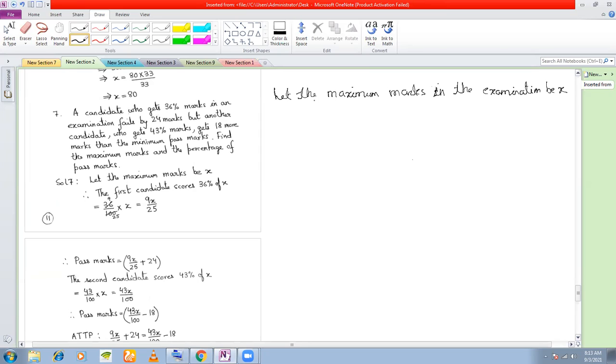Okay. So now if you see in the first condition, it states that the candidate gets 36% marks in the examination. So the first candidate scores 36% of the maximum marks.